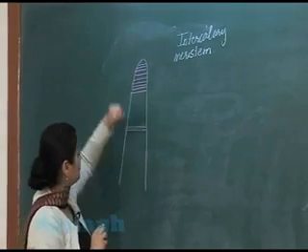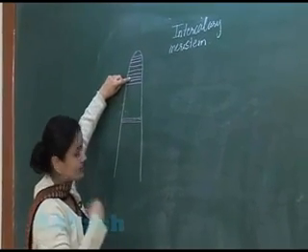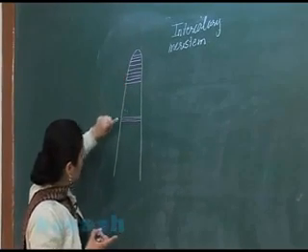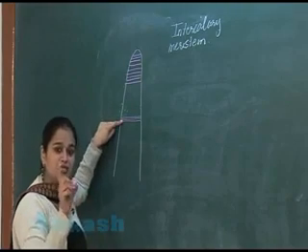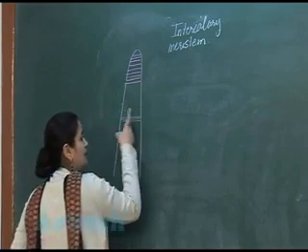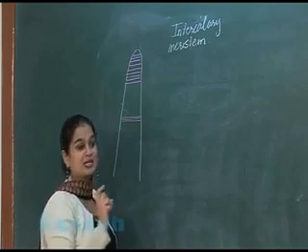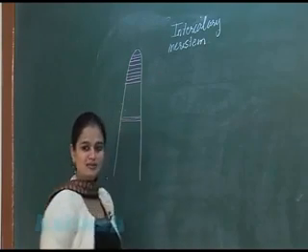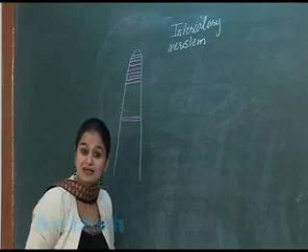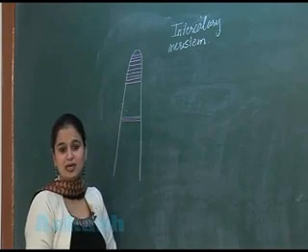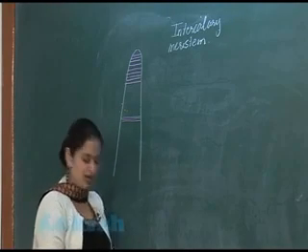Some of the cells of the apical meristem separate and acquire the lower position in the shoot. These separated cells from the apical meristem represent intercalary meristem. So what is intercalary meristem? Just separated cells of apical meristem.